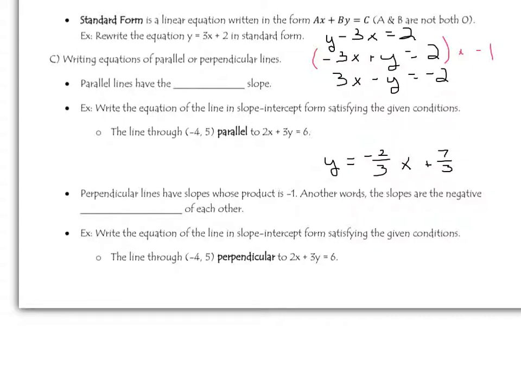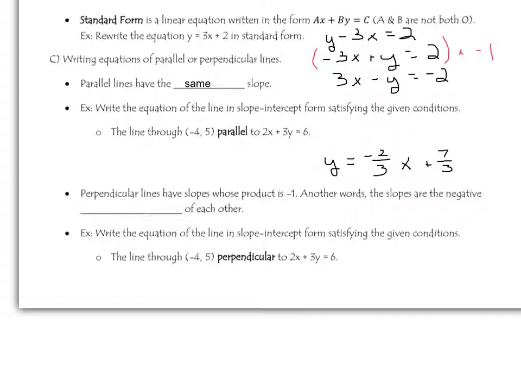Okay, I've just cleared up the earlier stuff to make room for our next work, but let me go ahead and replace the word same up here. Now, perpendicular lines, if you look right here, perpendicular lines have slopes whose product is -1. Now, don't let that throw you.